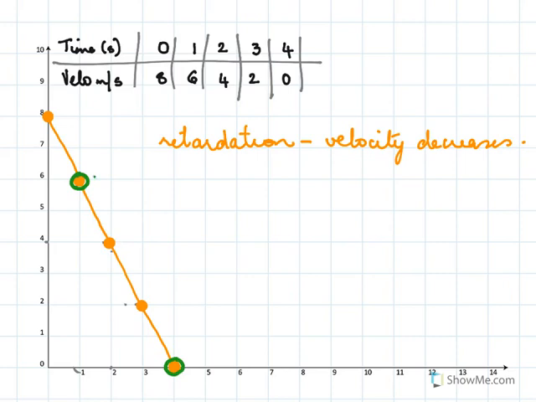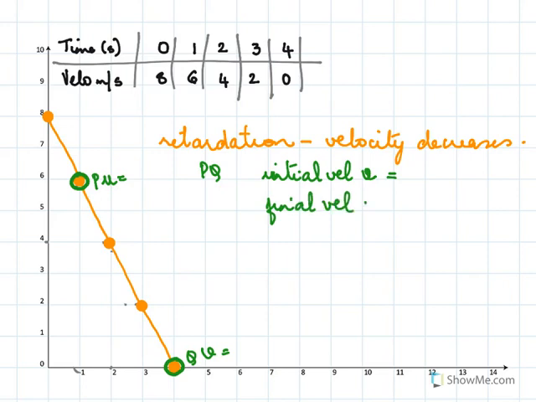Say this is point P and this is Q. P will be the initial, that is U, and Q is the final, that is V. So the initial velocity here is 6 and the final velocity we see here is 0.